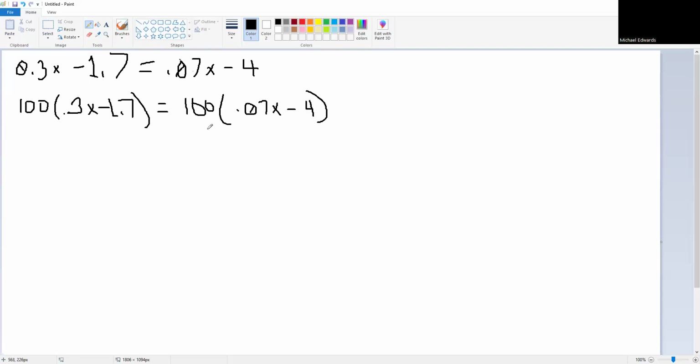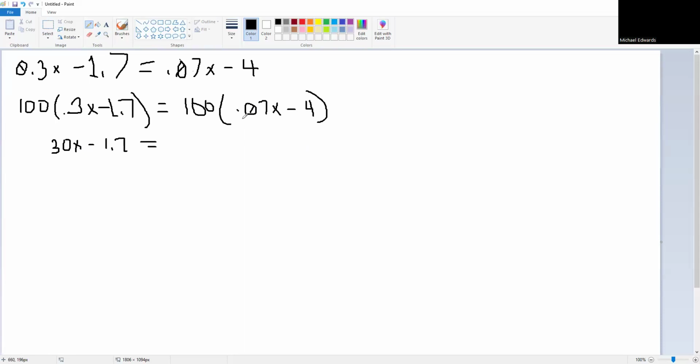Now, if you do distribution here, you're just adding zeros, so you're pulling it out of its decimal point with zeros. So 100 times 0.3x is 30x minus 1.7.